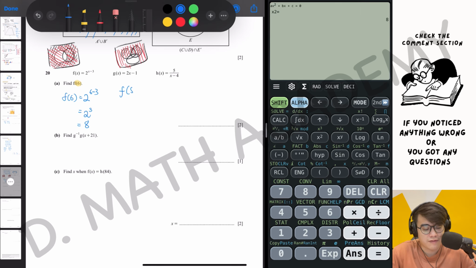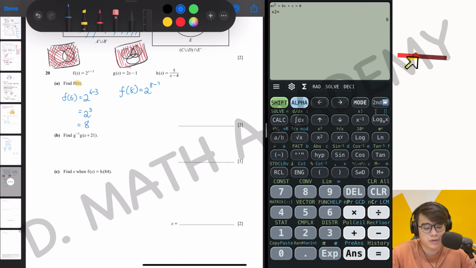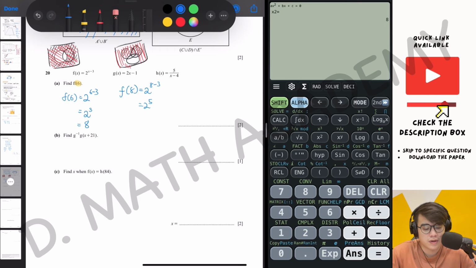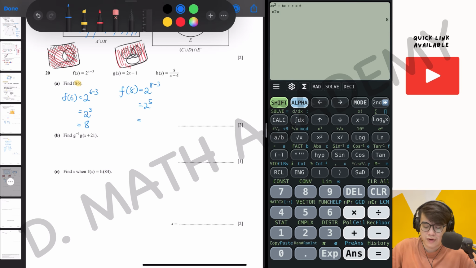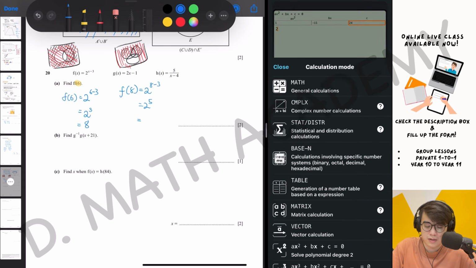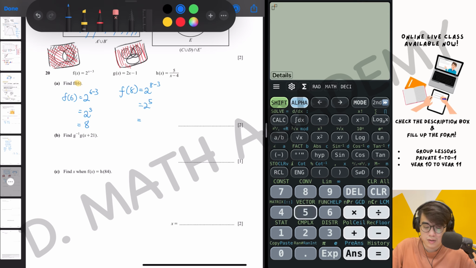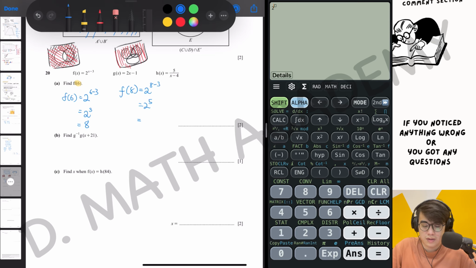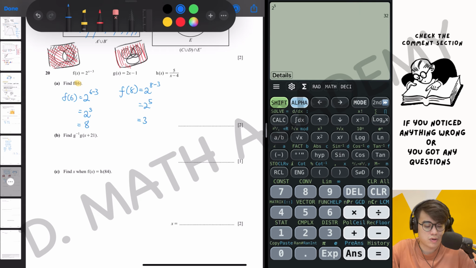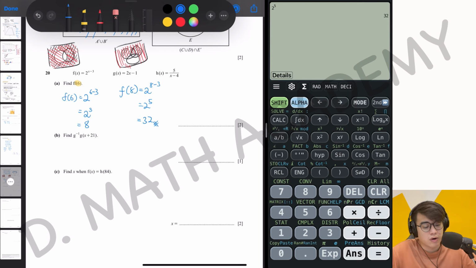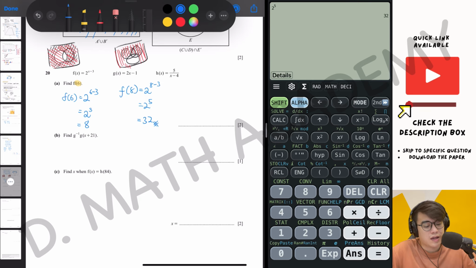And then putting f(8) into the same thing again, so you have 8 minus 3, you get 2 to the power of 5. 2 to the power of 5 would result in 32. So that's how you get your 20a here.